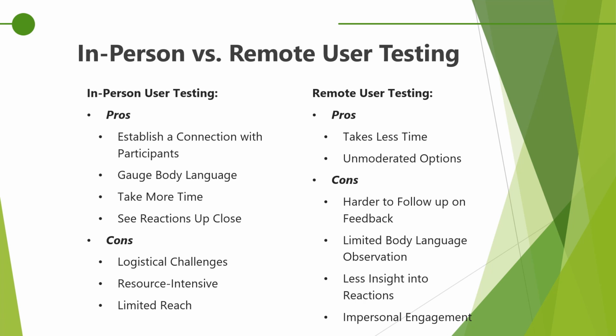And then also, doing in-person user testing, testers can take the necessary time with the participants, explaining the task thoroughly and ensuring a more comprehensive understanding. They also can see the reactions up close. Proximity is going to allow for a closer examination of how users interact with the product, which is going to enable more detailed observations.